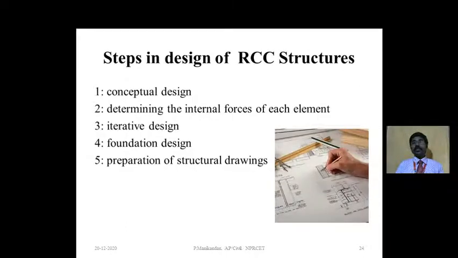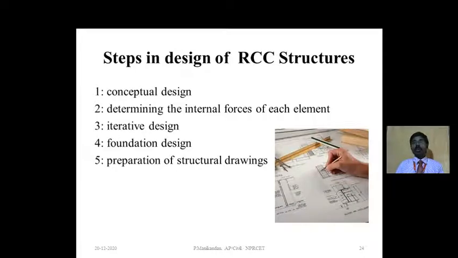So the next one is steps in design of RCC structures. These are the 5 important steps that every civil engineer should follow while designing a structure. First one is the conceptual design. The conceptual design means every engineer will have some perception about the designing of structures.